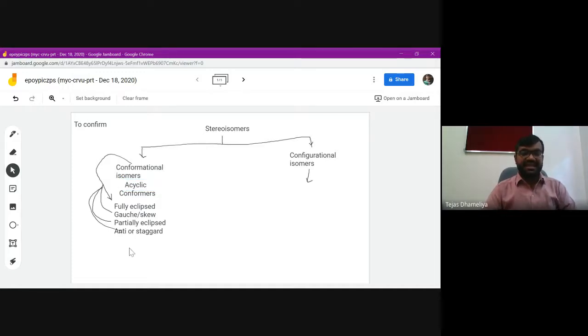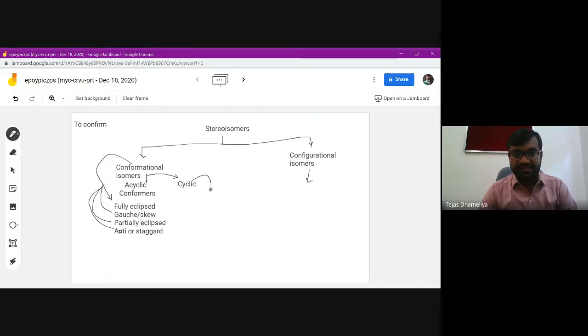This is for acyclic conformational isomers. And conformational isomers are also available for cyclic compounds as well. So here I mean to say cyclic ones. So all these belong to acyclic, and this belongs to cyclic. Cyclic may have examples.